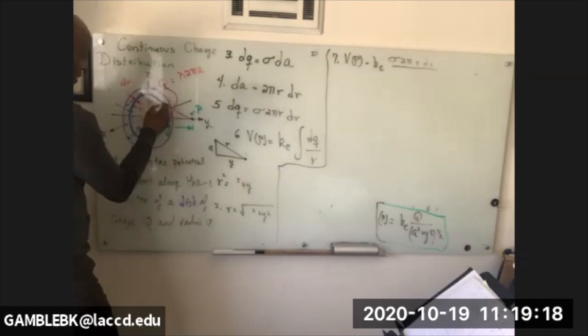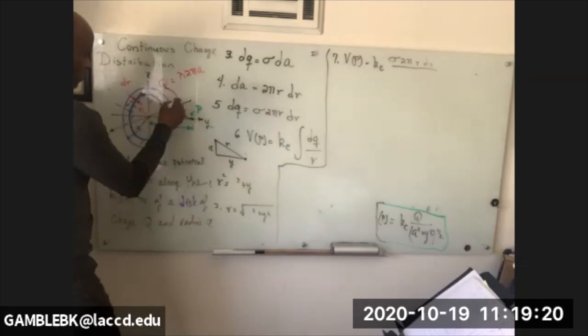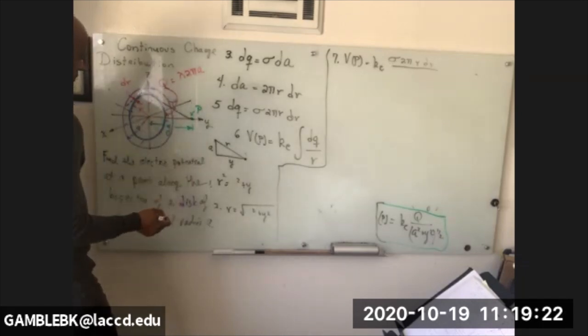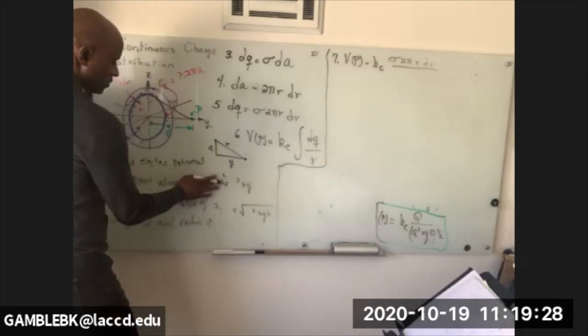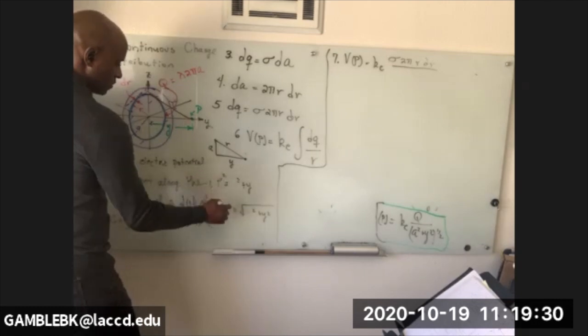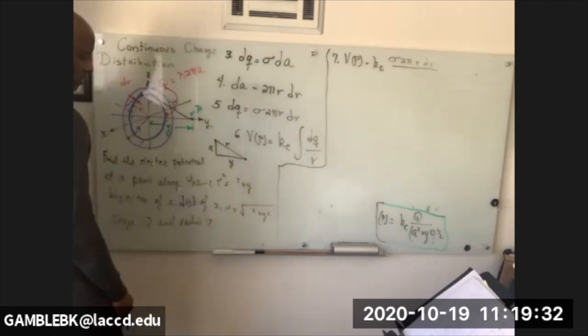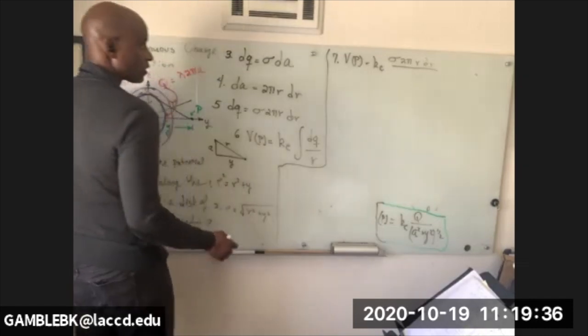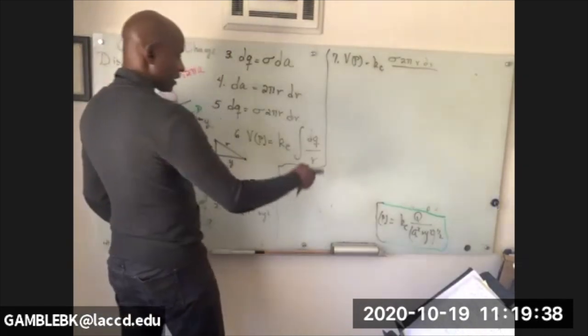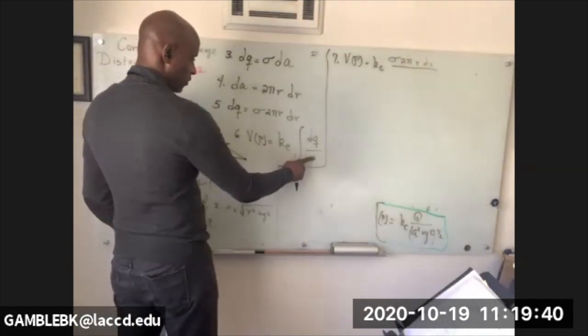I don't know, so let's make that rho. And so we keep R the integration variable. So when I plug that in, this is like over rho really.